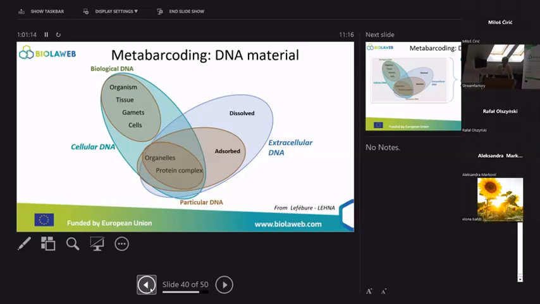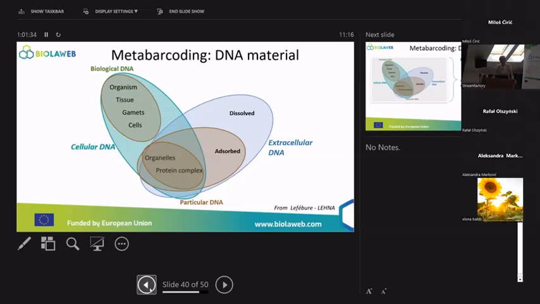But in fact, there is a taphonomic process which degrades DNA. So the longer the time period, the more the DNA has degraded. Frédéric, do you want to say something?